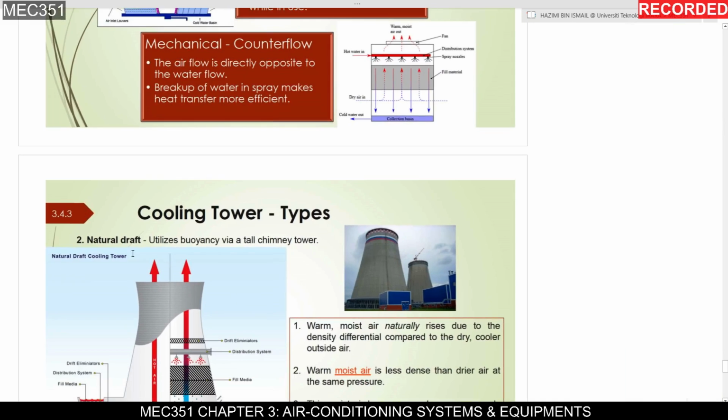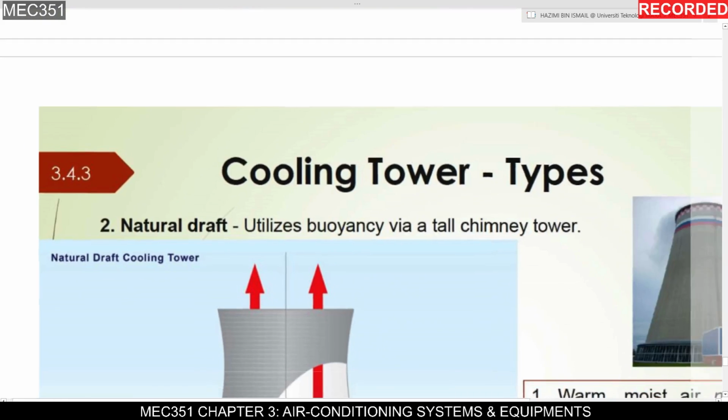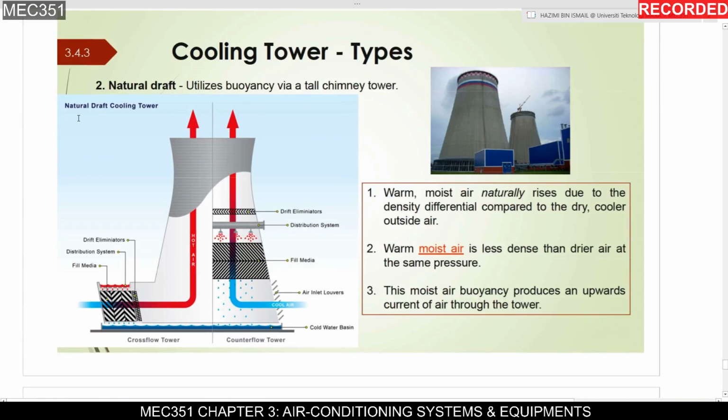But we also have the natural draft here. This one is the natural draft cooling tower. This is the cooling tower that you will normally find in nuclear power plants, coal power plants, or gas power plants that are located far away from water resources such as rivers and the sea.